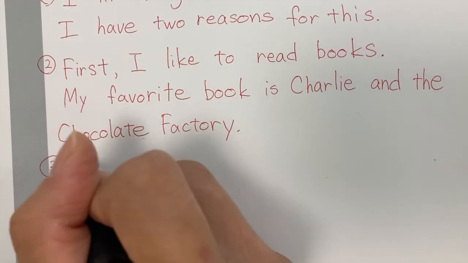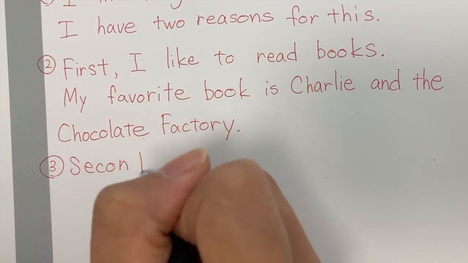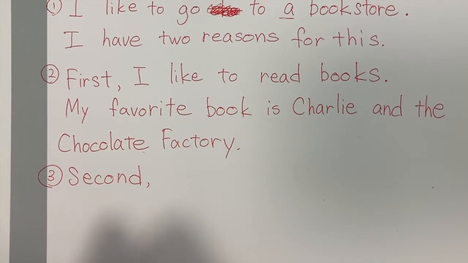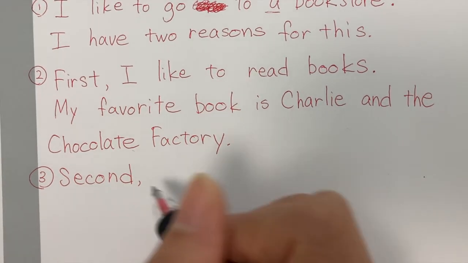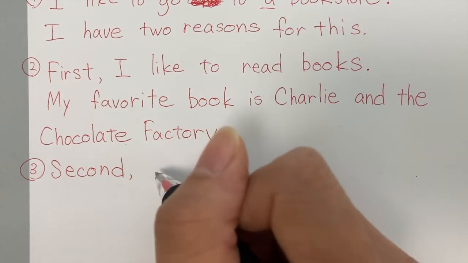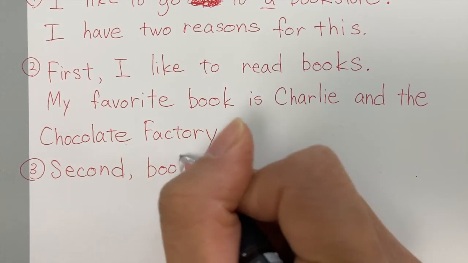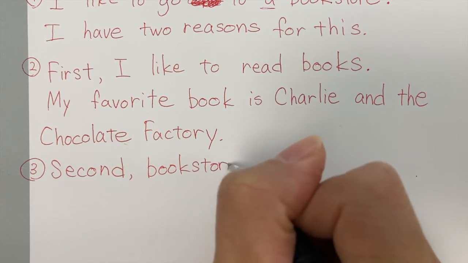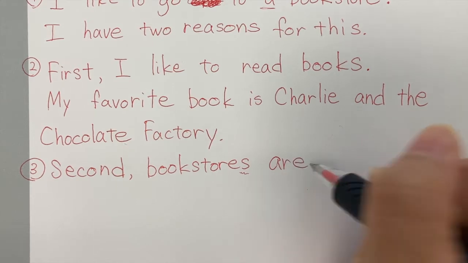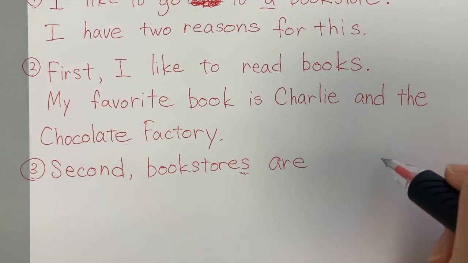And I need a second reason. Second. Why else do I like the books for? The second reason's always tricky. The second, bookstores, if there's an S, you need an R. Bookstores are quiet.